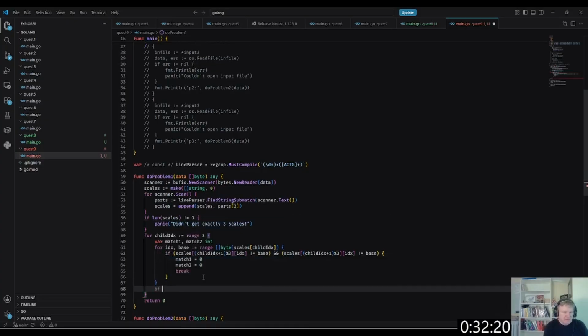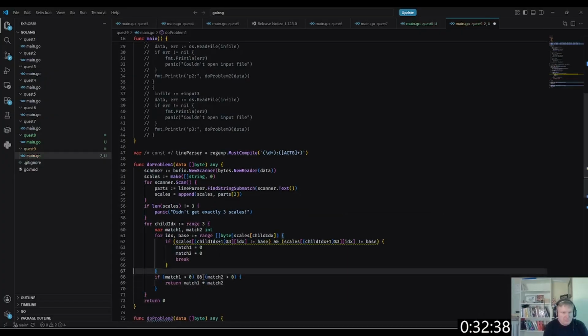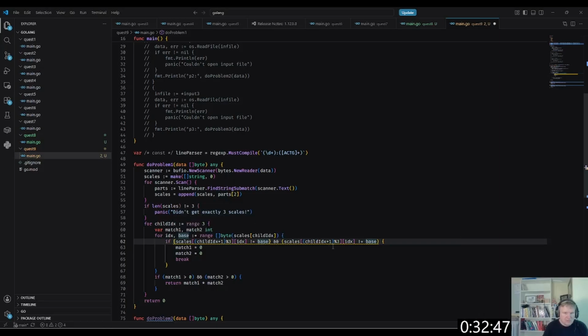Then if match 1 greater than 0, match 2 ... good catch, compiler.